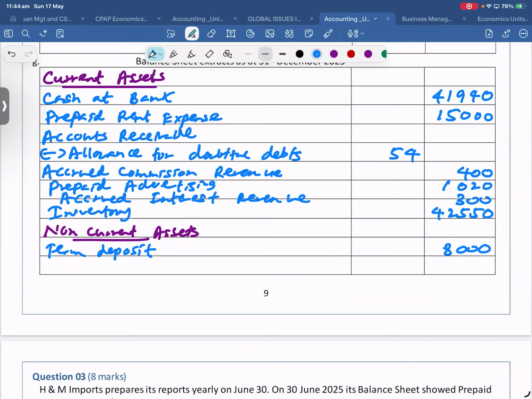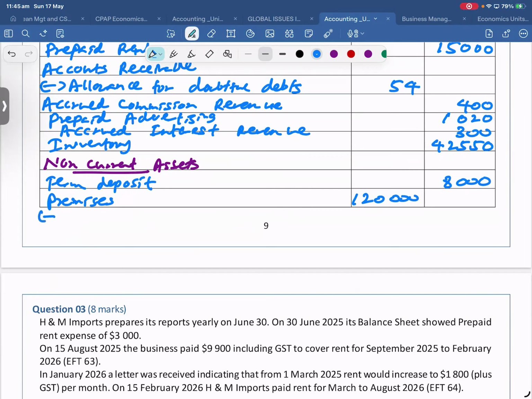Then premises 120,000. From that one, take away accumulated depreciation of premises.